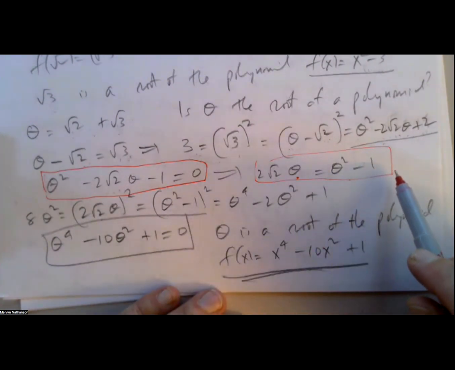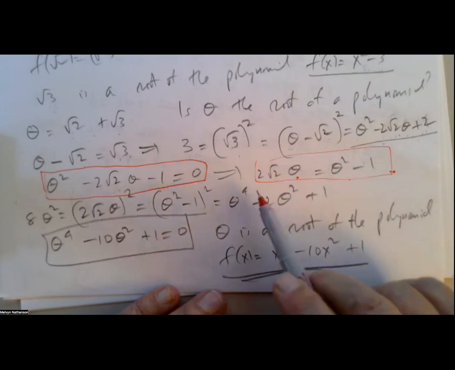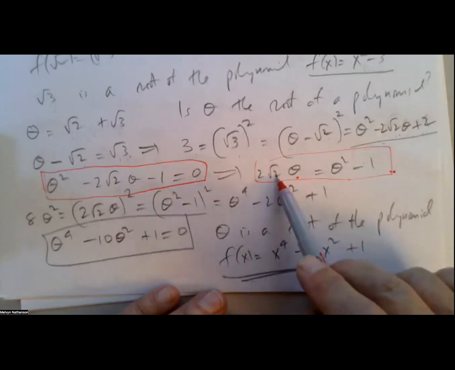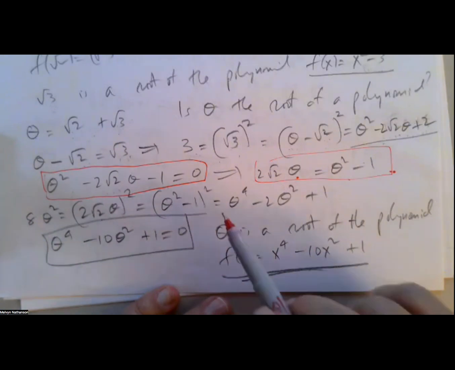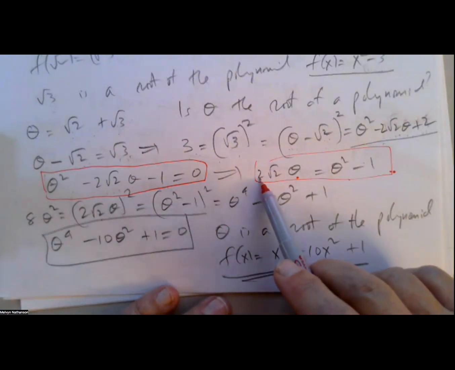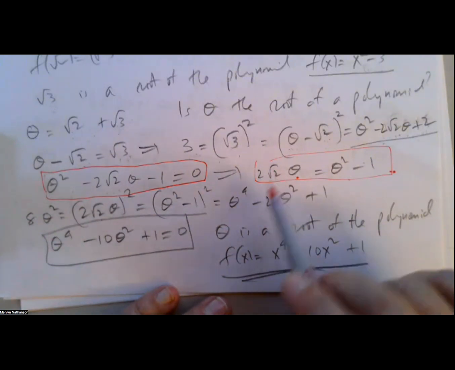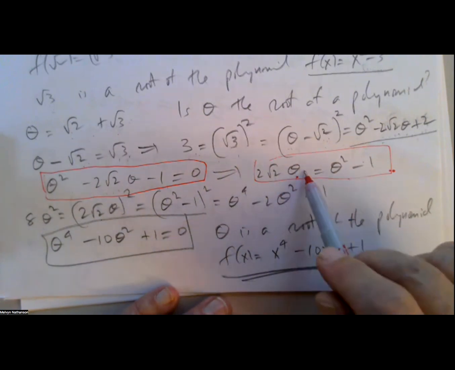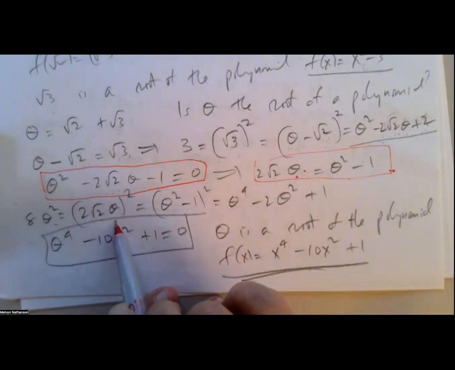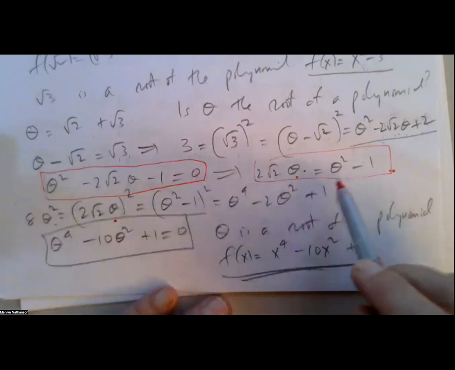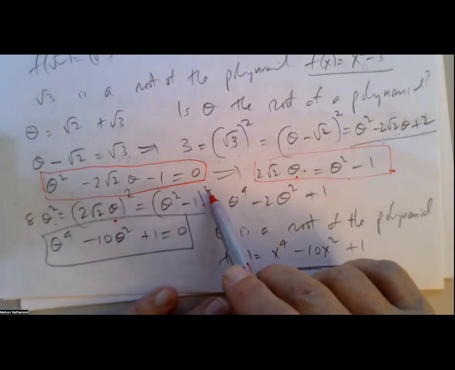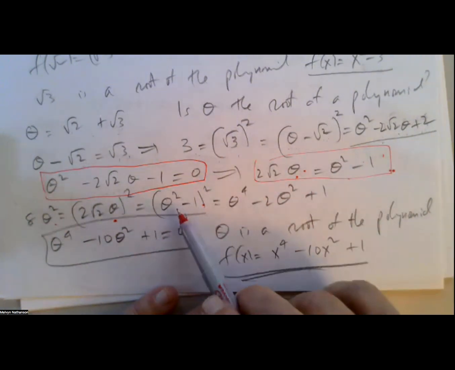All right, is this okay? Yes. Now I square both sides. If I square 2 root 2, I get 8. Right? 2 squared is 4, root 2 squared is 2, 4 times 2 is 8. So if I square this, I get 8 theta squared. But that's the same as theta squared minus 1, all squared.